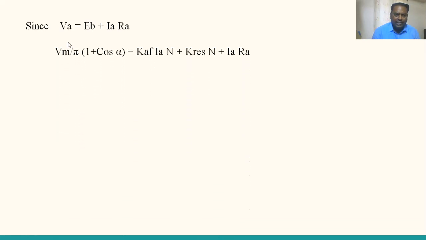So for the semi-controlled converter, Va is Vm by pi into 1 plus cos alpha, which is equal to Eb plus Ia Ra. What is the Eb value? Eb is derived as Ka f Ia N plus Kres N plus Ia Re. This is the value of back EMF, which is already discussed in series motors. This equation has to be substituted in place of Eb plus Ia Ra as usual.